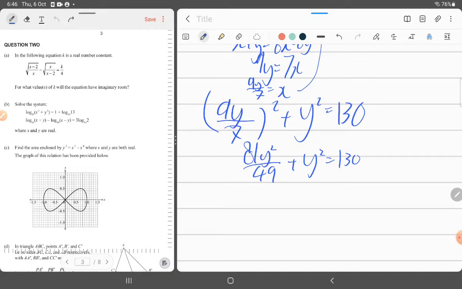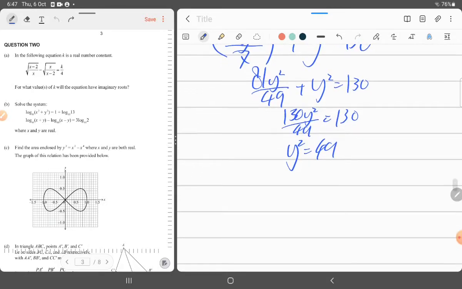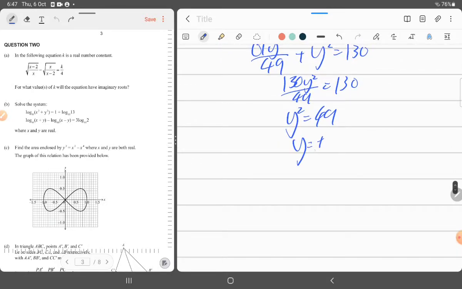Yeah, it is. So 130 y squared over 49 is equal to 130. Those two cancel out, so y squared equals 49. y equals plus or minus 7.